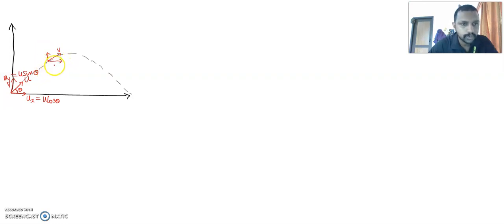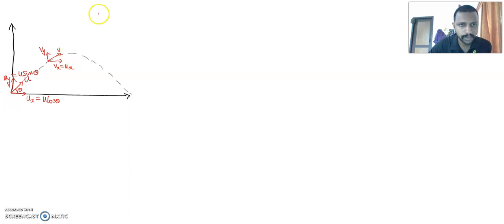The horizontal component of velocity will be ux itself. It's because in projectile motion, the external force acting on this substance is the gravitational force, and that gravitational force is acting vertically downward. Due to the gravitational force, the horizontal component of velocity will not change, but the vertical component of velocity will definitely change. Therefore, Vy will be less than uy.